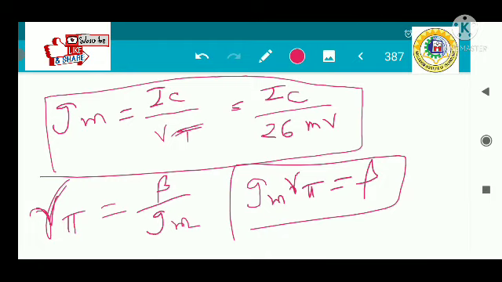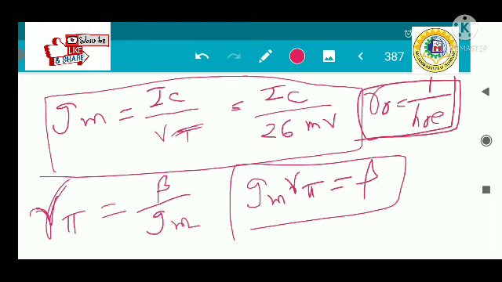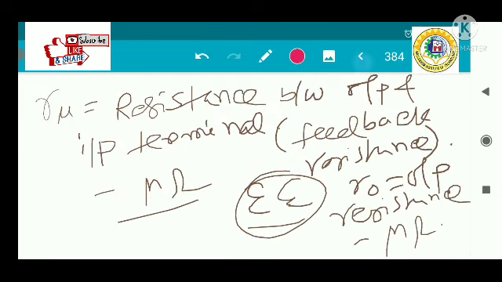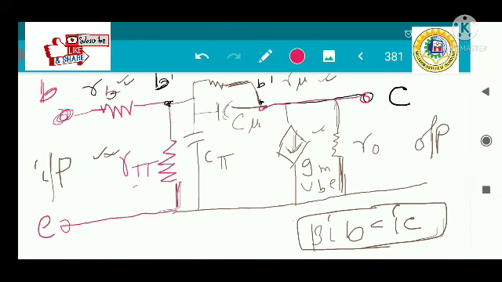This expression you can also remember. And there is another expression: RO equal to 1 divided by HOE. So this is the simplified hybrid pi model.